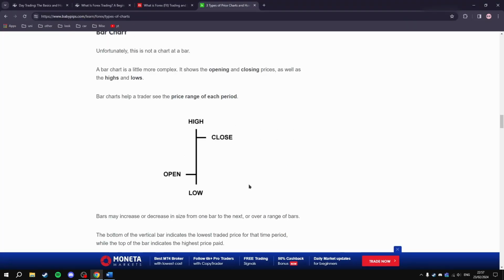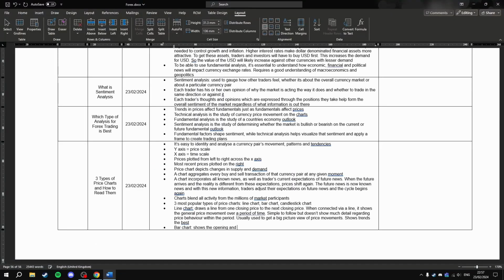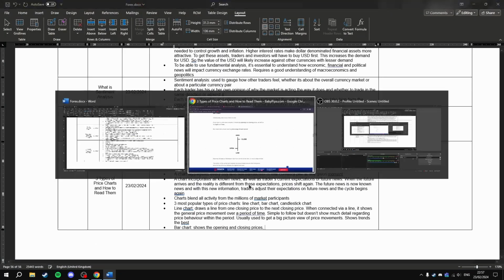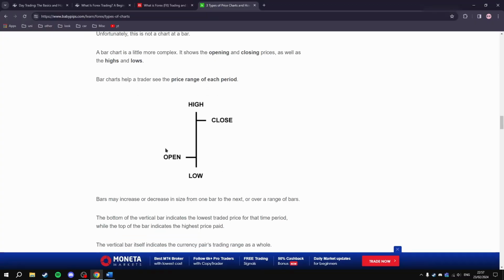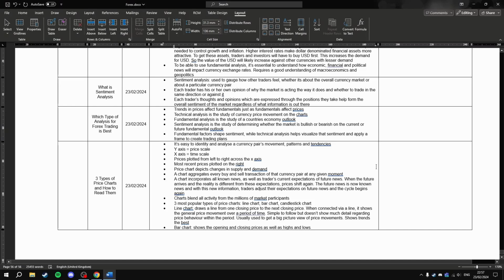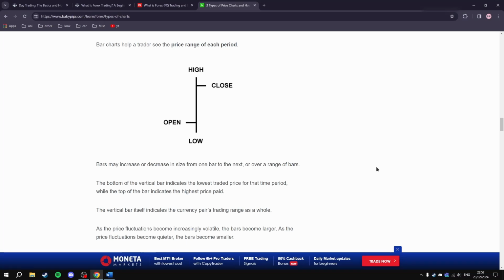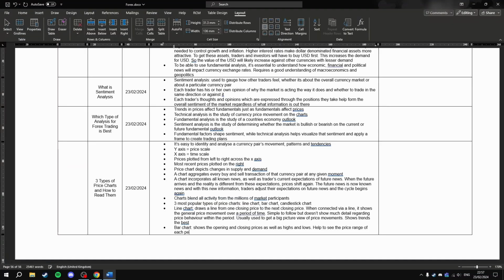It shows the opening and closing prices as well as highs and lows. Bar charts help a trader see the price range of each period.